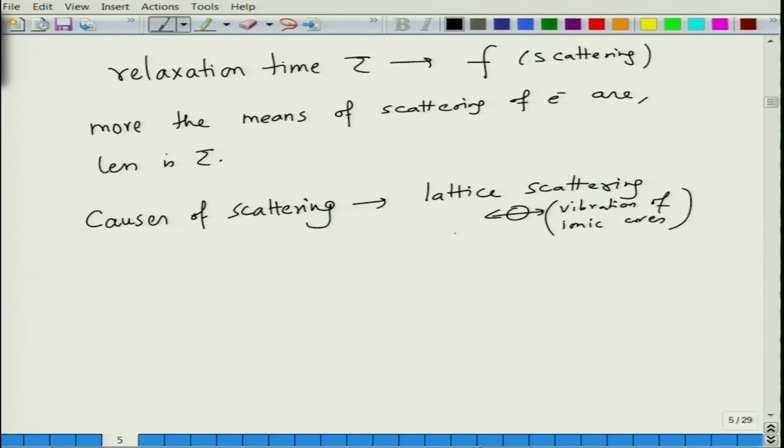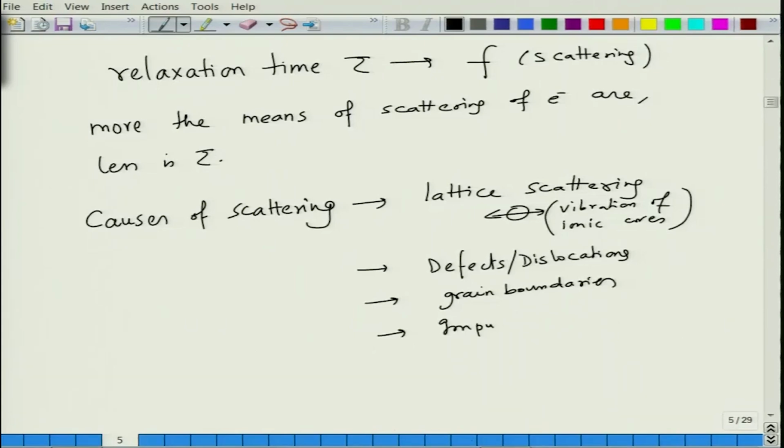That will be present in any material. Other means could be defects, you can say dislocations for example, you can have grain boundaries, and you can have impurities. All of these things will cause scattering.